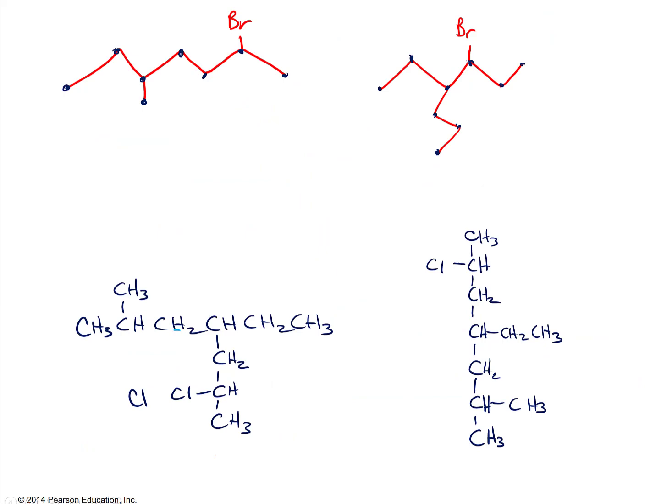Okay, so what about the top? 8 carbons. Okay, so 1, 2, 3, 4, 5, 6, 7, 8. I put little black dots, so we know this is C8. What about the other one? 1, 2, 3, 4, 5, 6, 7, 8, 9. Do you see 9? So you would say these are not related.